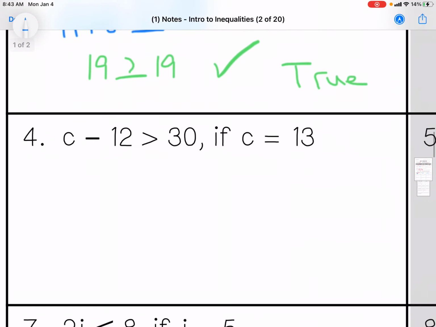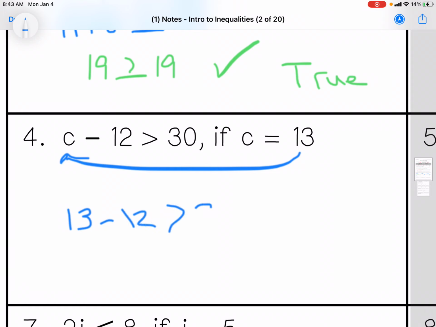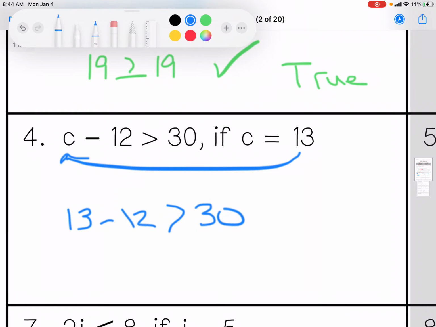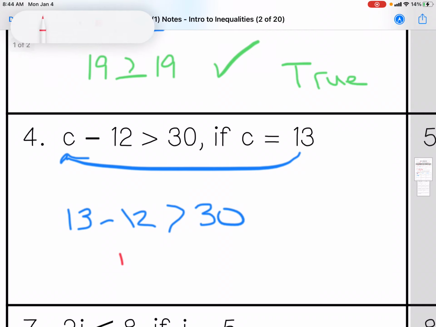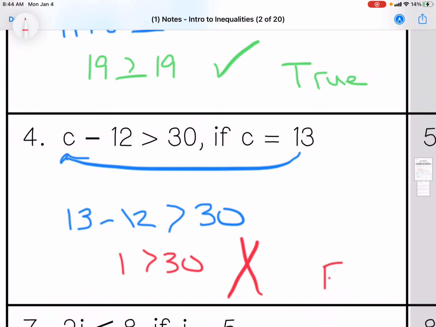Number 4, C equals 13. So we're gonna plug 13 into that. So 13 minus 12, is that greater than 30? 13 minus 12 is 1. Is 1 greater than 30? False.